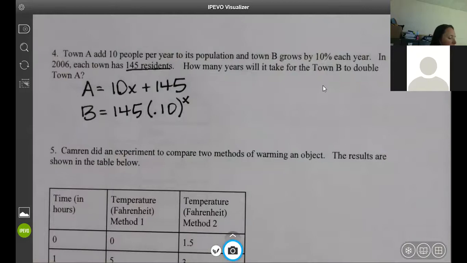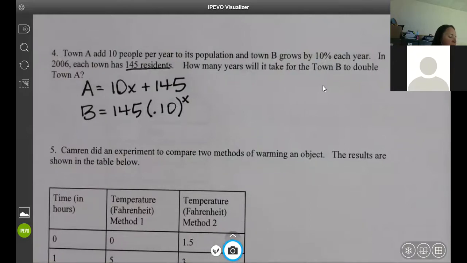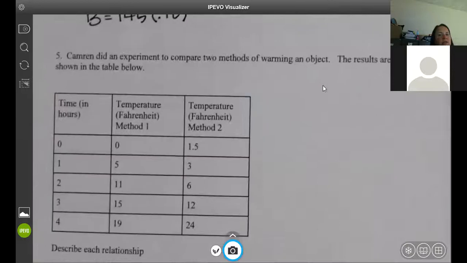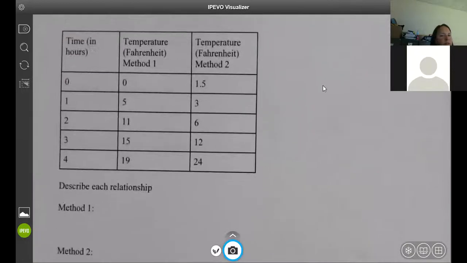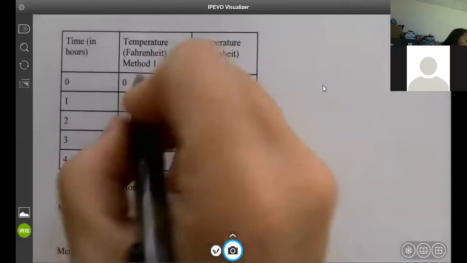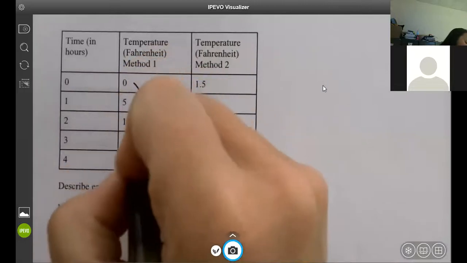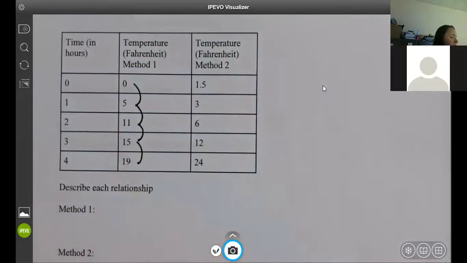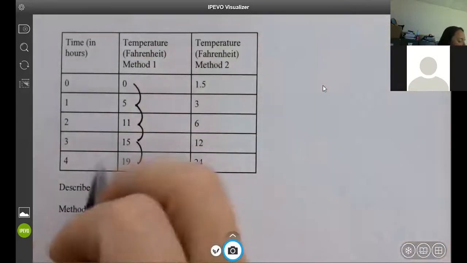All right. Cameron did an experiment to compare 2 methods of warming an object. The results are shown in the table below. Describe each relationship. What's it look like is happening here? Is it adding or subtracting or multiplying or dividing? It looks like adding.